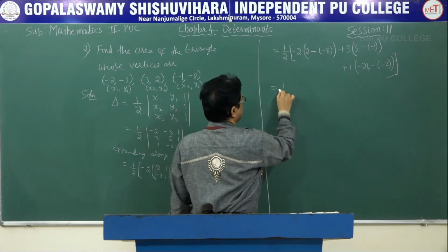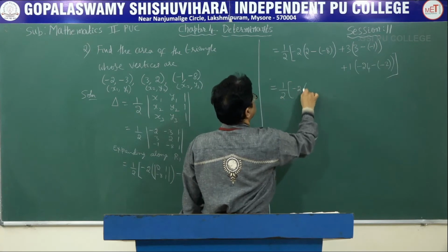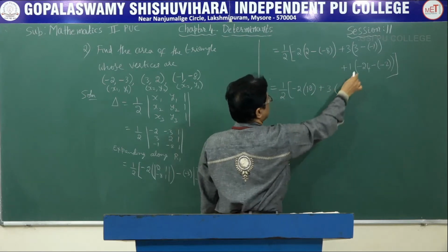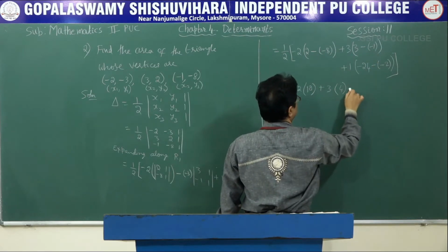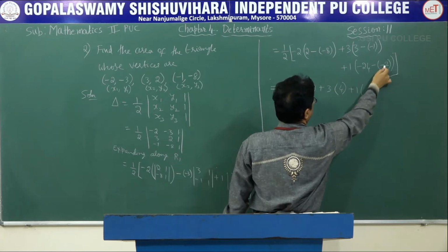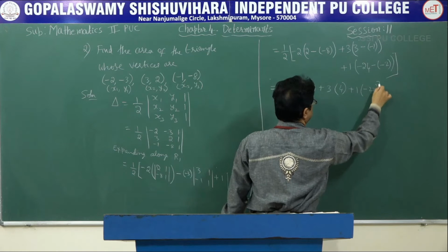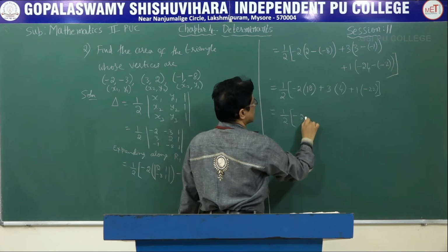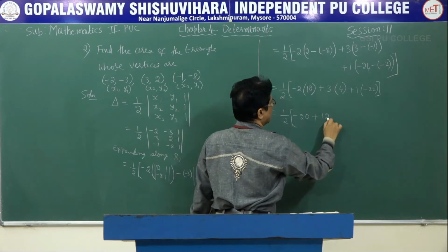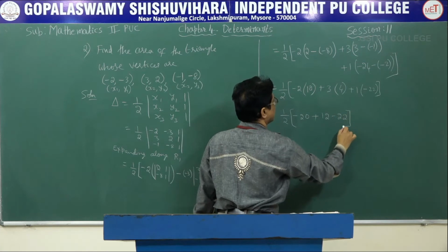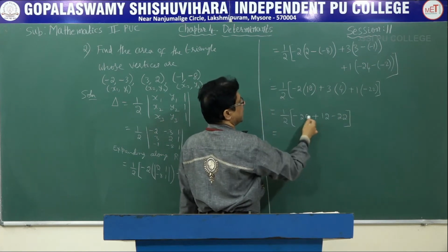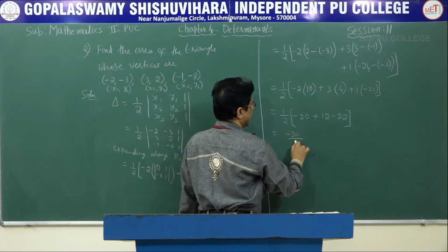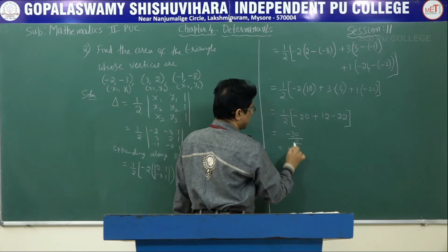So that will be equal to half into minus 2 into (2 plus 8, 10), plus 3 into (3 plus 1, 4), plus 1 into (minus 24 plus 2 is minus 22). That is equal to half into (minus 20 plus 3 fours are 12 minus 22). That is minus 20 minus 22 is minus 42, minus 42 plus 12 is minus 30. That is minus 30 by 2, which is equal to minus 15.